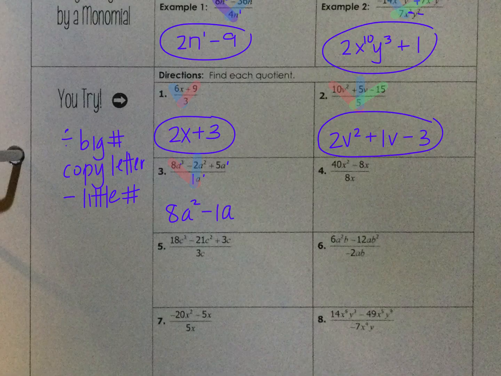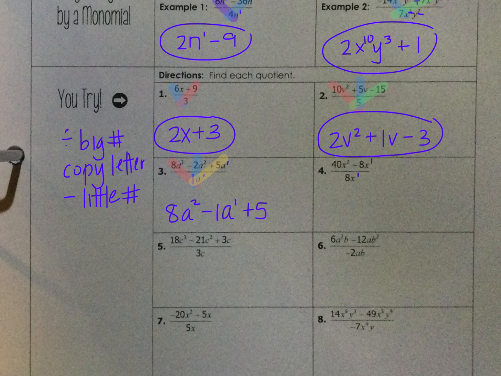Copy the a. 2 minus 1 is 1. 5 divided by 1 is 5. Copy the a, but 1 minus 1 is 0, so then it's just plus 5. All right, put a little 1 here and a little 1 here.